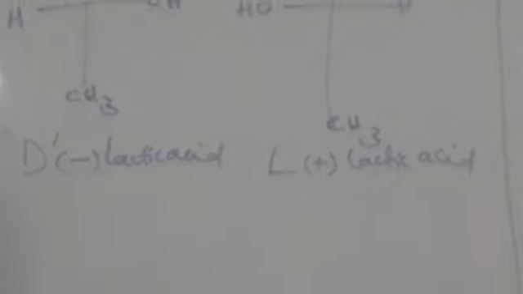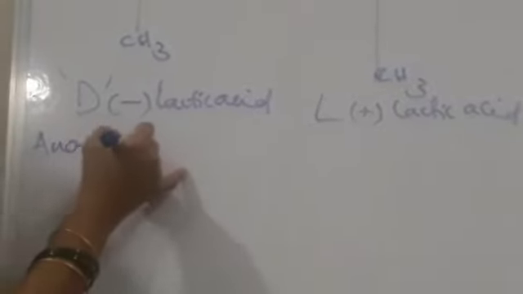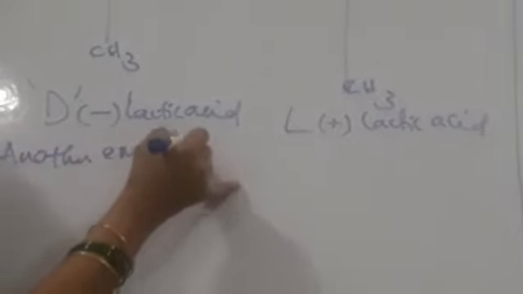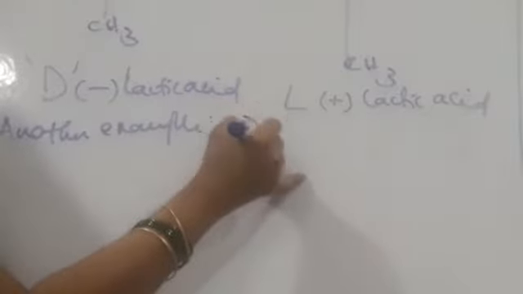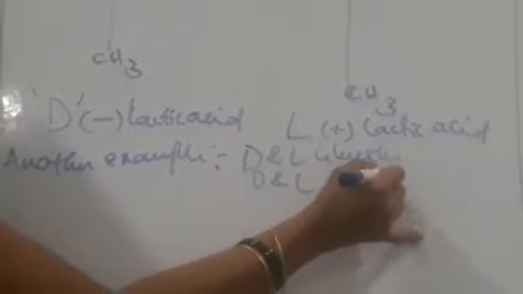Okay. Next, we can give D and L notation for glucose and fructose also. Same examples can be given to glucose and fructose. So another examples, D and L glucose and D and L fructose.